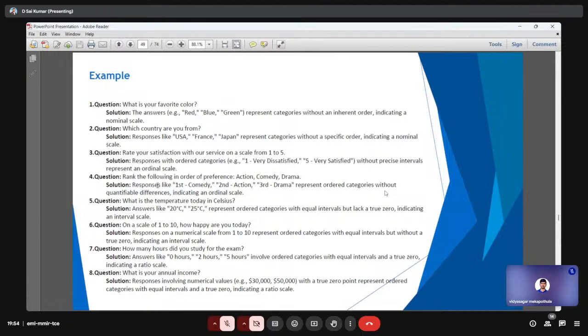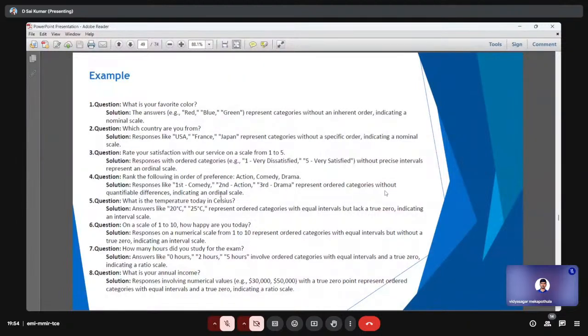Rank the following in order of preference: action, comedy, or drama. For comedy I'm giving 1, for action I'm giving 2, for drama I'm giving 3. Again, it is an ordinal kind of thing, with categories without any quantifiable difference. I'm directly specifying comedy first, action second, and drama third.